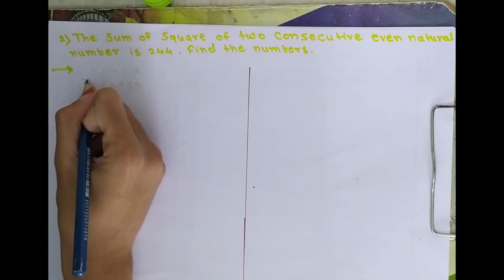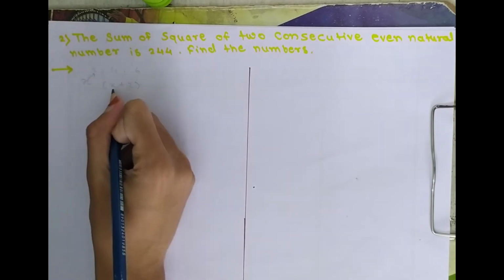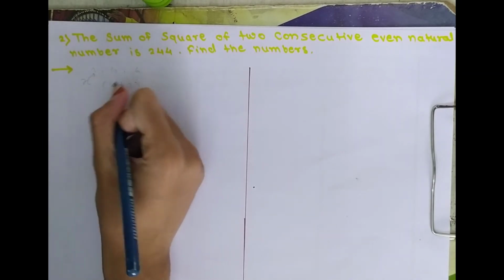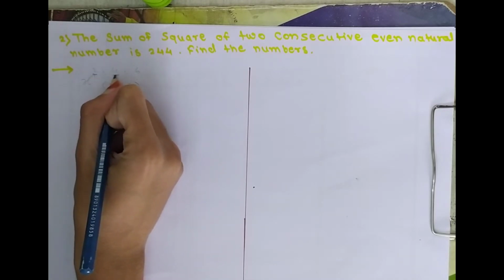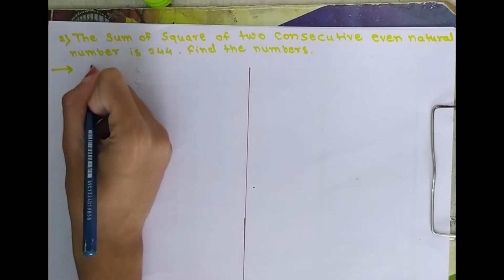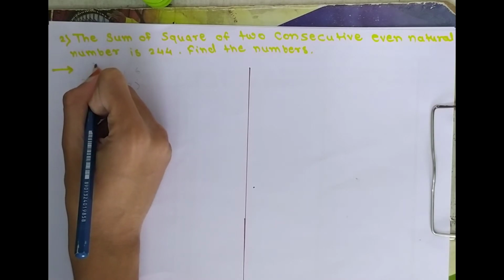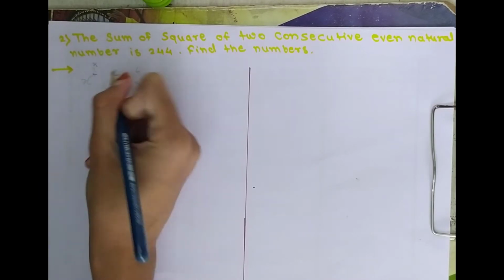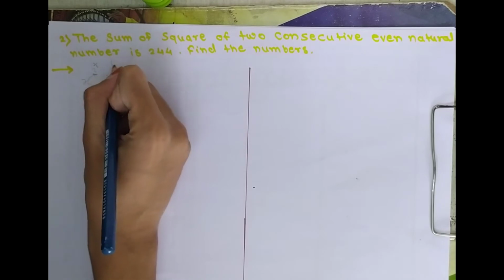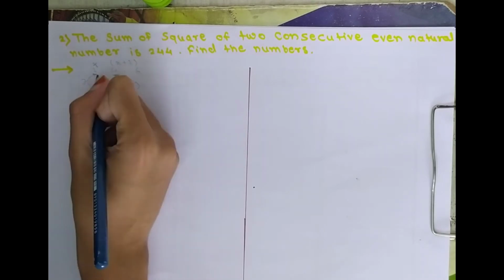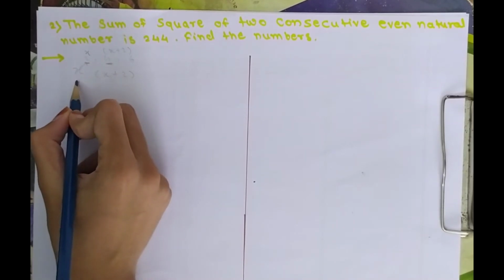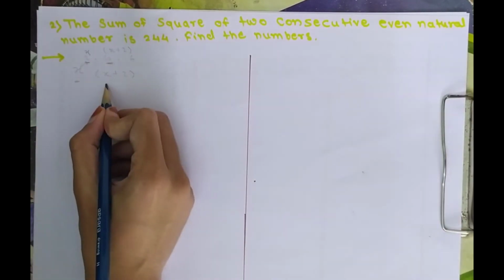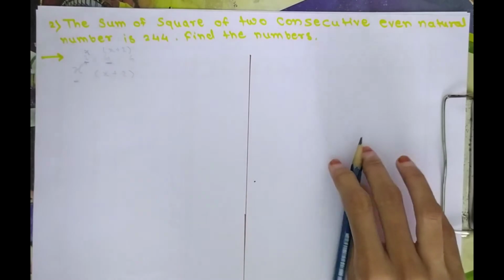So suppose x is 2. Then the next consecutive number is 4. If the first is 2, then the second is 4. So if x is equal to 2, then this is x plus 2. Right? 2 plus 2 is 4. Like this, we suppose the first consecutive number is x. Then the other is x plus 2. Okay.